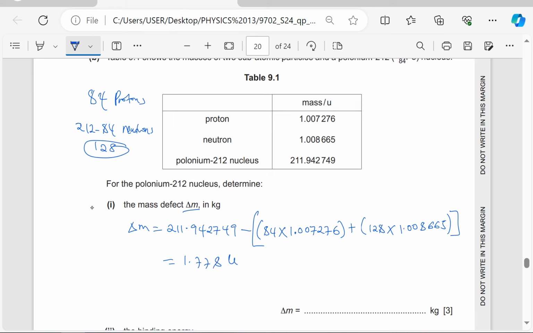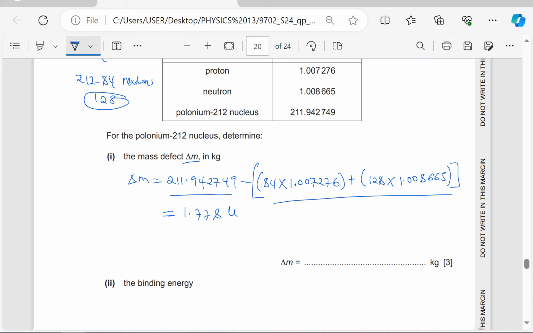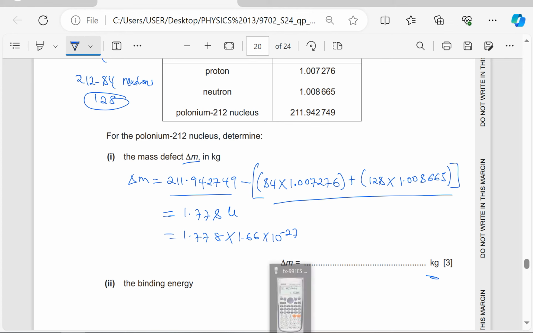I said I just found a difference, so whether you get a negative doesn't matter. You could get total mass this side minus mass the other side. So it's just 1.778 u. We want the answer in kilograms. So this is 1.778 times 1 u, which is 1.66 times 10 to the power of minus 27.